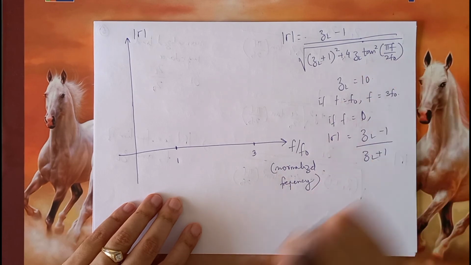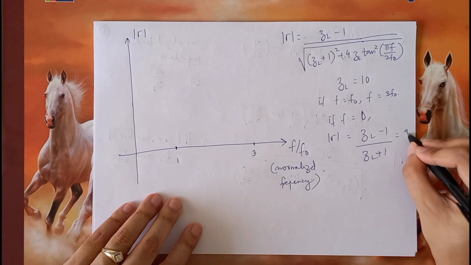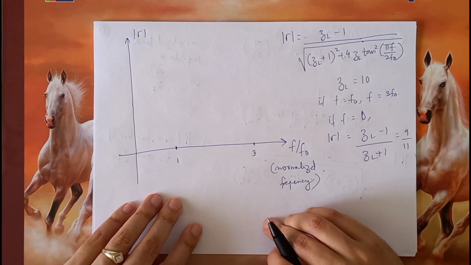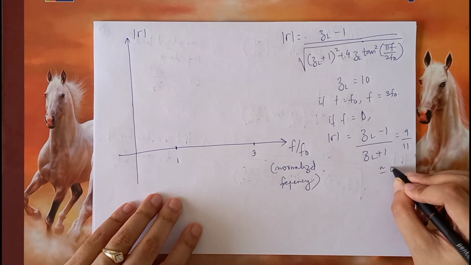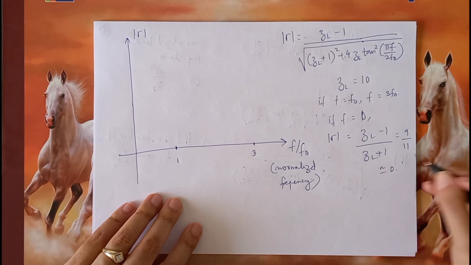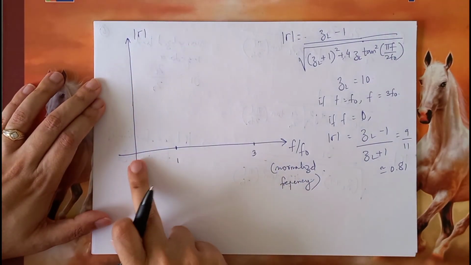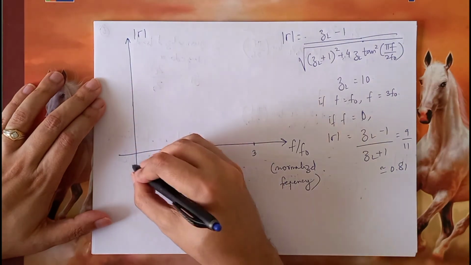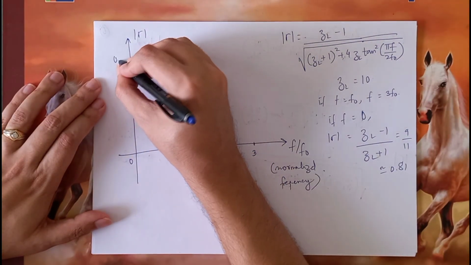So if ZL is 10, then mod gamma will be 9 by 11. And that is somewhere around 0.8, I guess. 0.81 or so roughly. So therefore, when f by f0 is 0, this value will be 0.81.